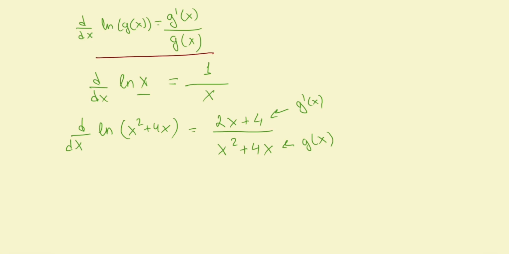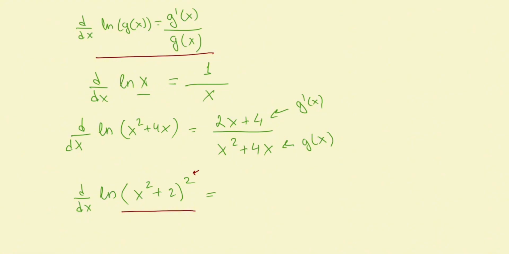Now let's do another one. Let's derive natural log of (x squared plus 2) squared. Here, it's important to note that the g of x now is this whole thing, including this power. So when we derive, we make sure to find the derivative of the outside function as well.